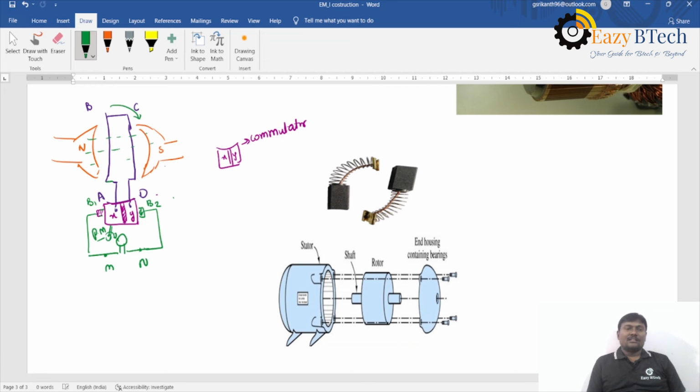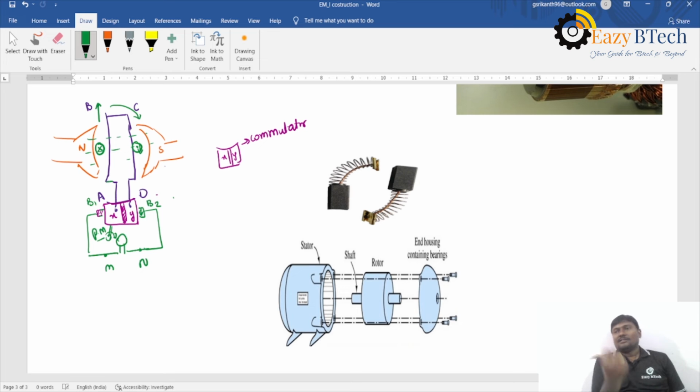If these conductors are rotating in a clockwise direction with the help of a prime mover, P.M. means prime mover, what is the induced EMF direction? Here the tangential force will be in the upward direction, here it will be downward, because it is rotating in a clockwise direction.